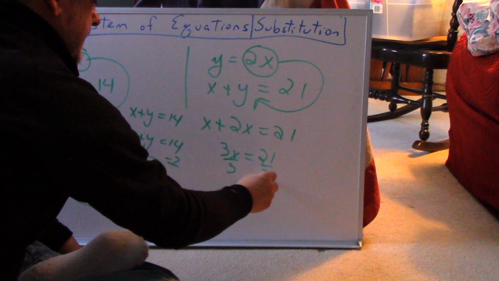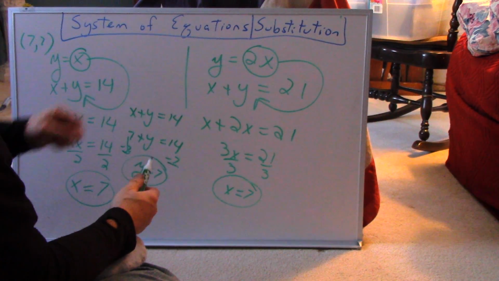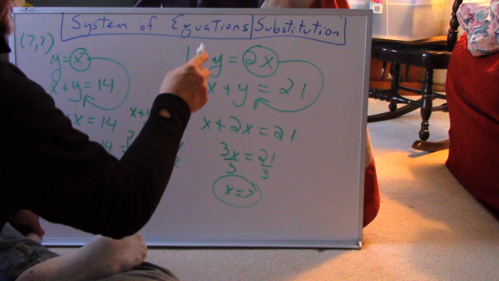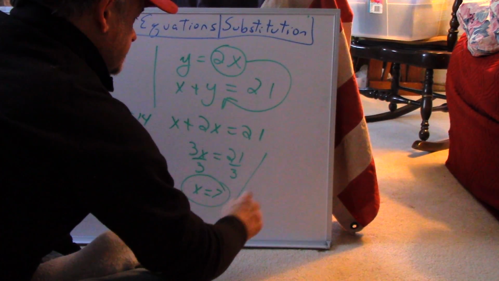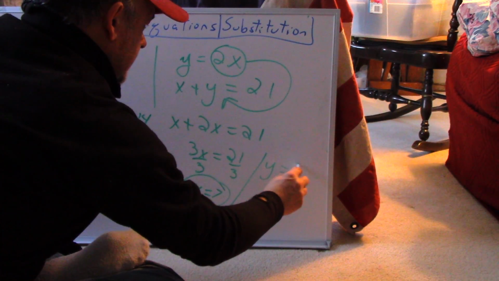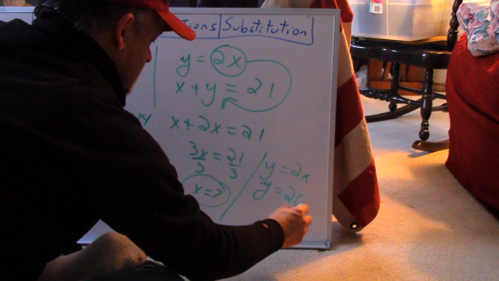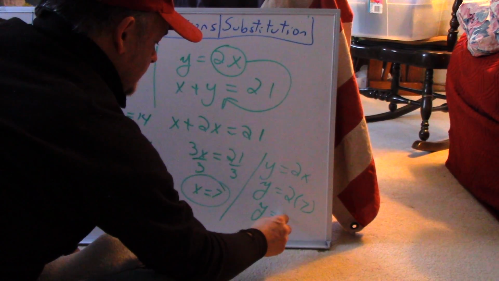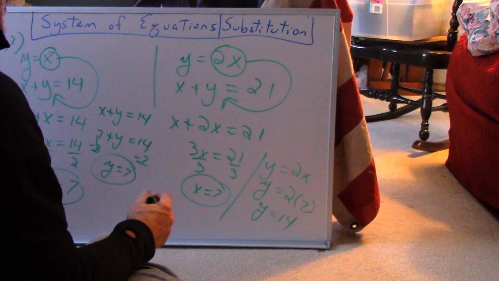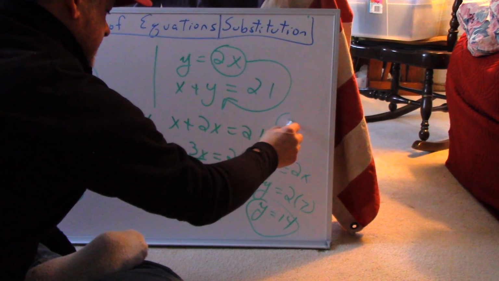Divided by 3, divided by 3, x is 7. I hope you see how I did that. Now I can go back to this equation here and solve for y. y is 2x. y is 2 times 7, because 7 is x. So y is 14. So the point is 7, 14.